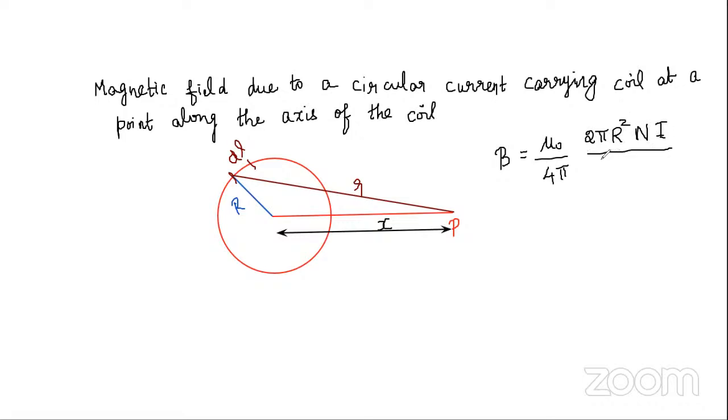As I have told you, whenever the coil has n number of turns, you have to multiply the field.